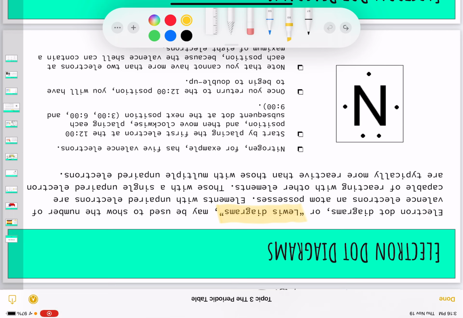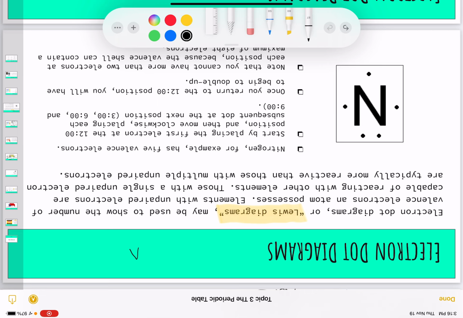It says start by placing the first electron at the 12 o'clock position and then move clockwise, placing each subsequent dot at the next position, 3, 6, and 9. Once you return to the 12 o'clock position, you will have to begin to double up. So I'm going to show you what that means, up in the corner here.